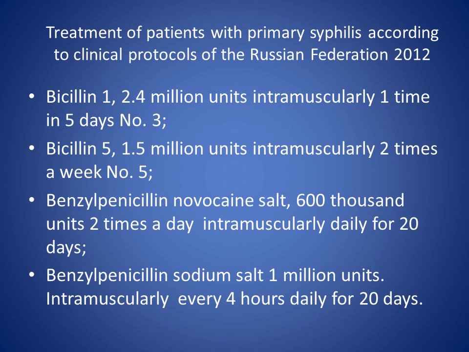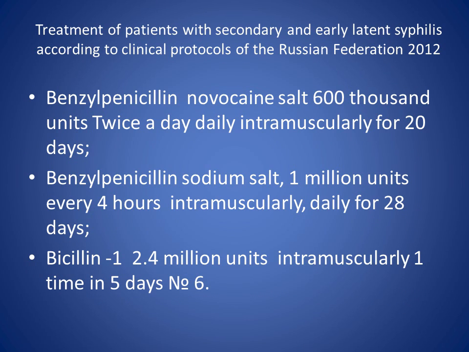Number 5: Benzylpenicillin novocaine salt 600,000 units 2 times a day intramuscularly daily for 20 days. Benzylpenicillin sodium salt 1 million units intramuscularly every 4 hours daily for 20 days.